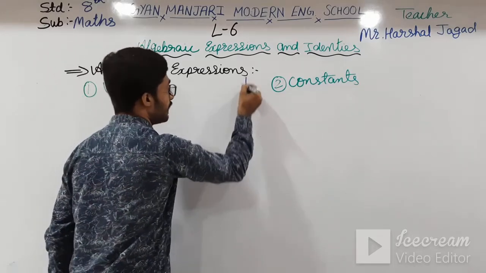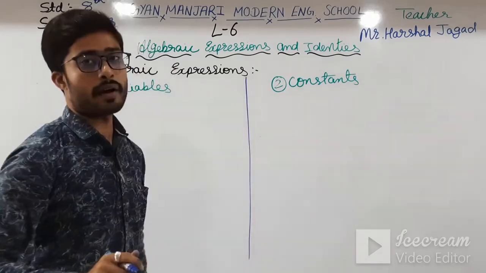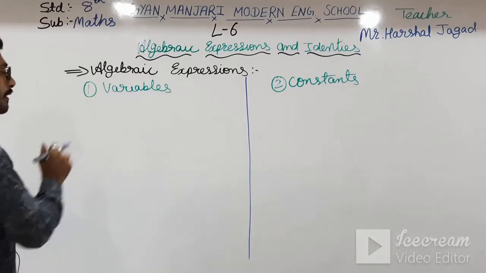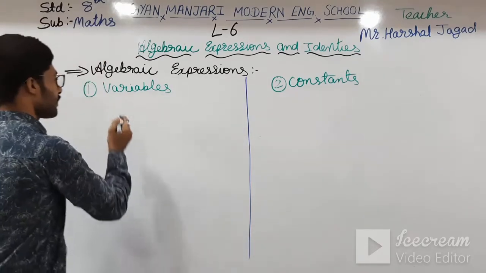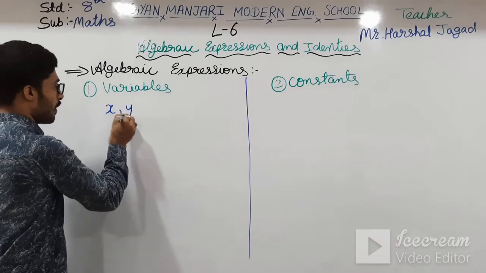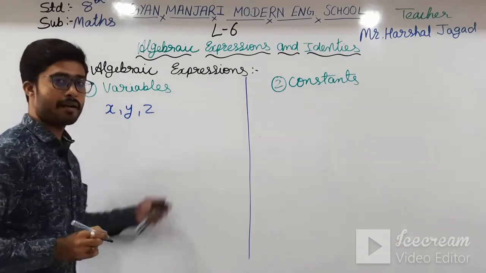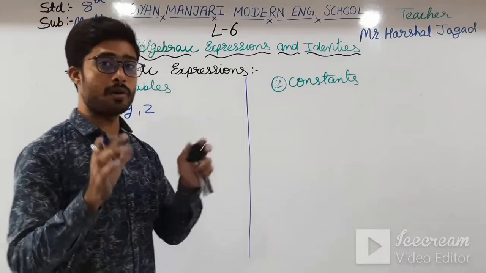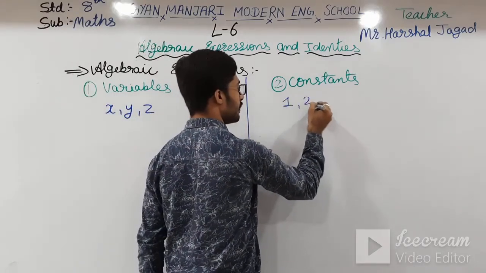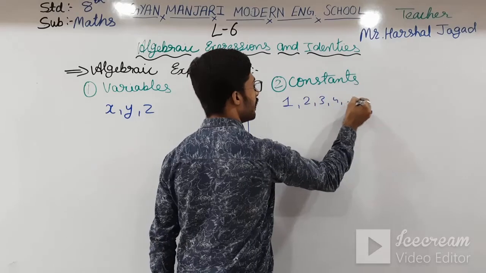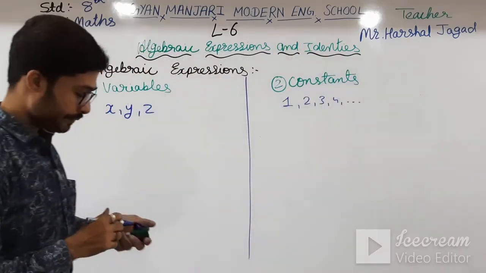Let us see that. If I talk in simple language, what are variables? In an equation we have seen that x, y, z are variables, and also in equations we have seen numbers.